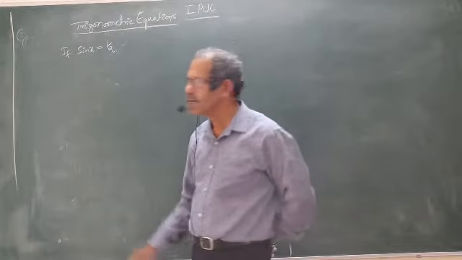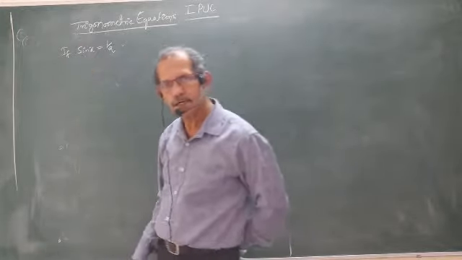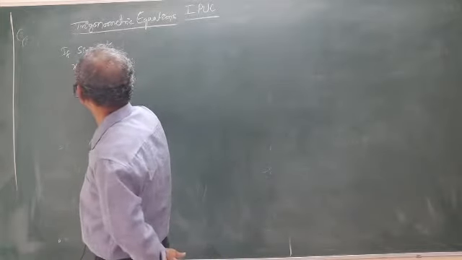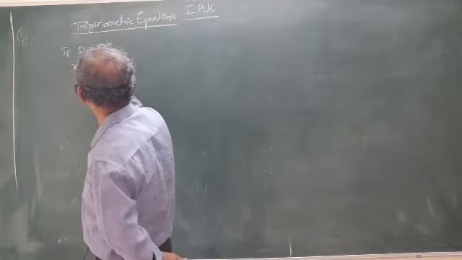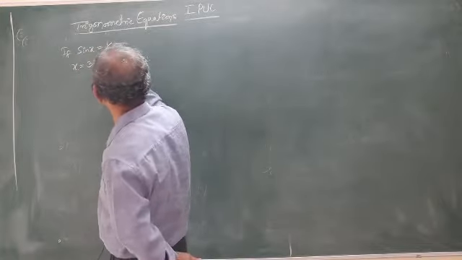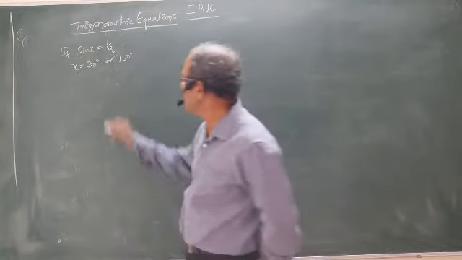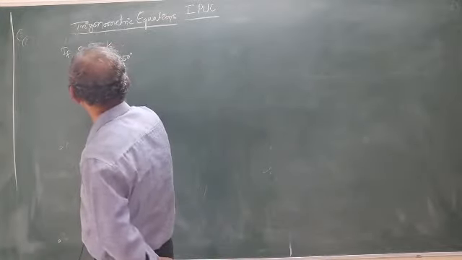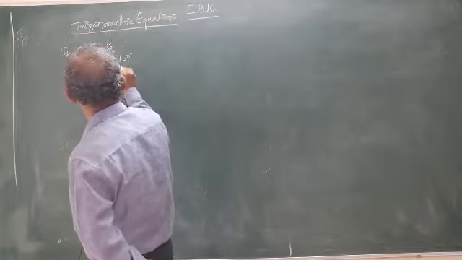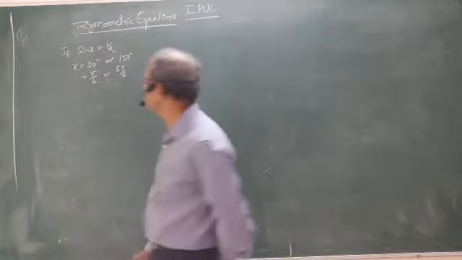Sin value is given. What about the angle x? You know that x is either 30 degree, or, since sin is positive in the second quadrant, 150 degree. Or if you write in radian, pi by 6 or 5 pi by 6.